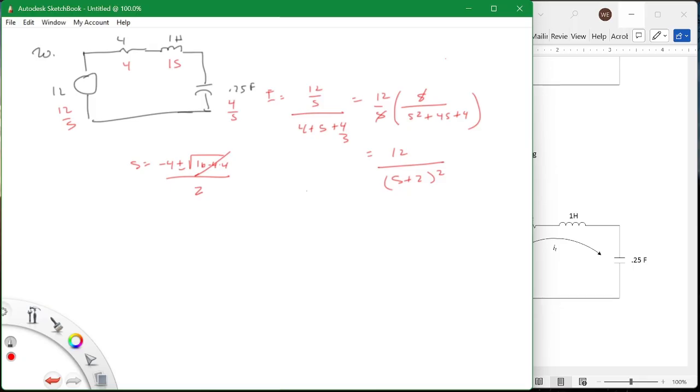What does your answer look like in terms of t? It's t, 12t, e to the minus 2t. Very good. That's easy. That's pretty straightforward.